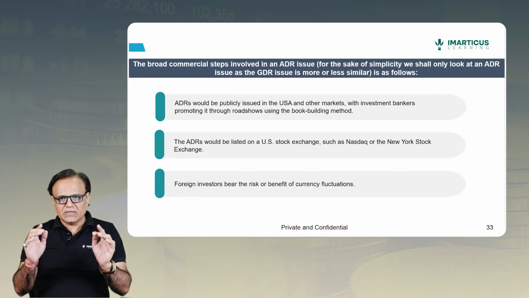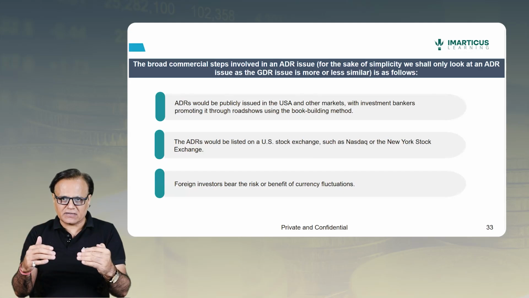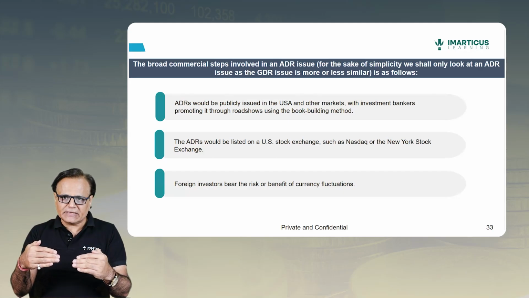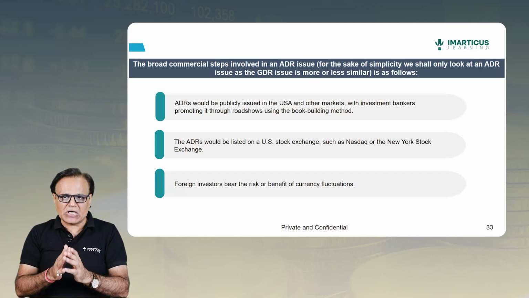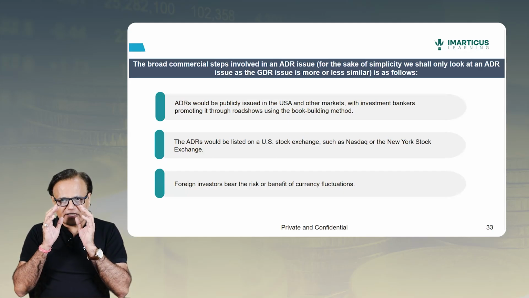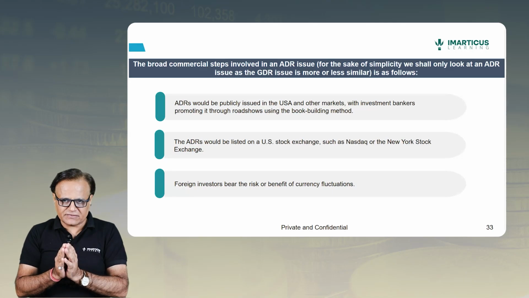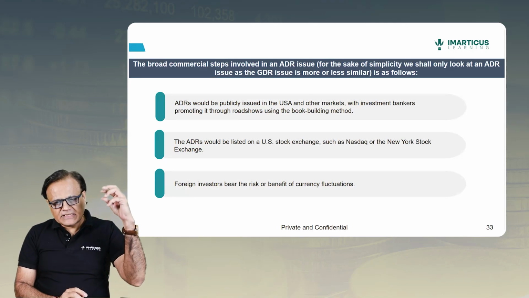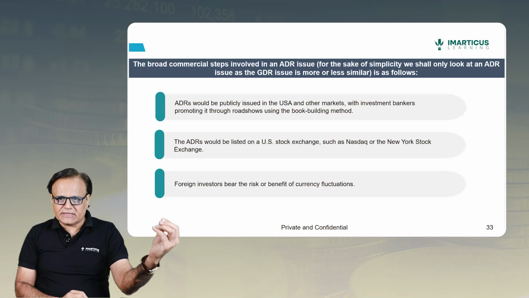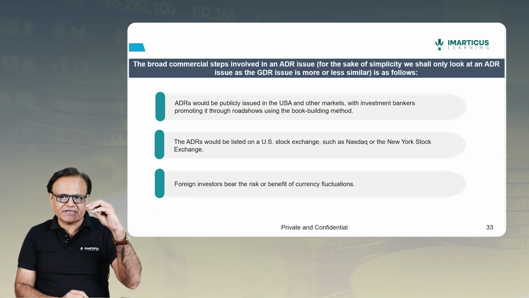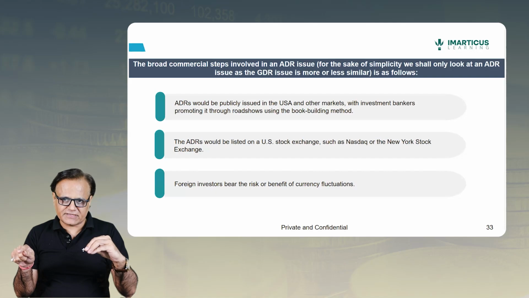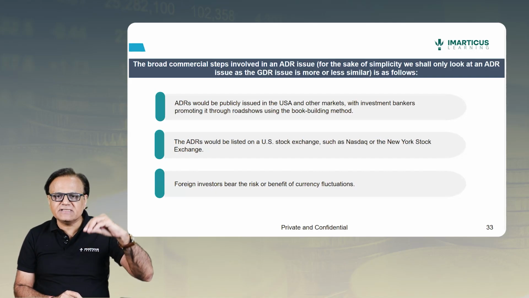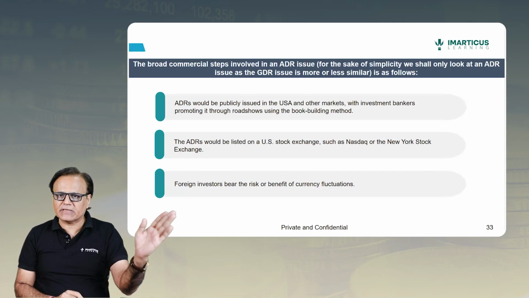So if you look at the process so far, an Indian company has issued shares in the Indian market where a custodian has kept these shares. The depository bank issues depository receipts which represent these shares and is selling these depository receipts to people in the US.